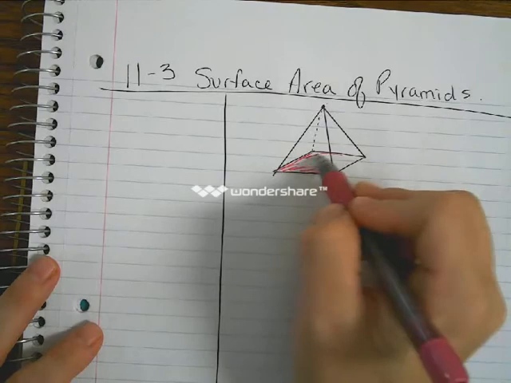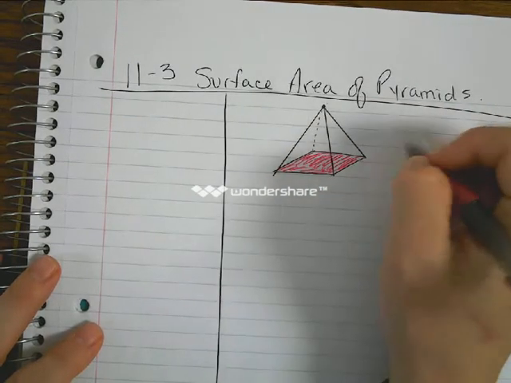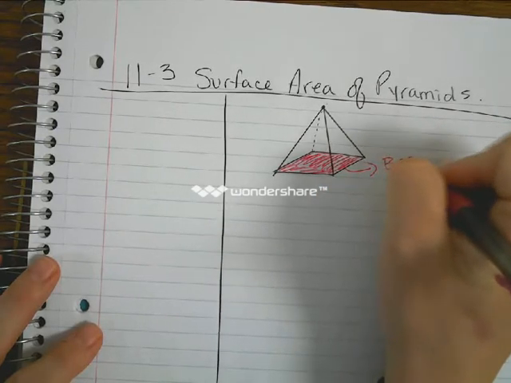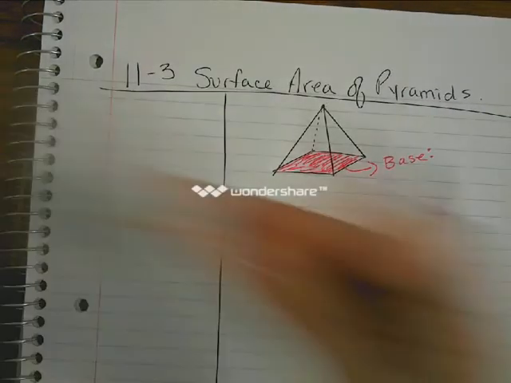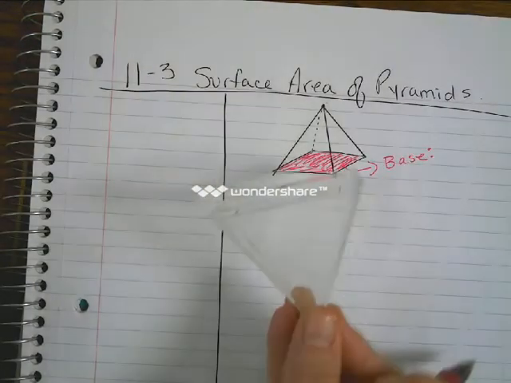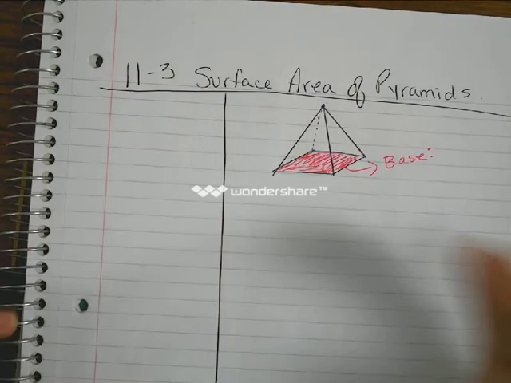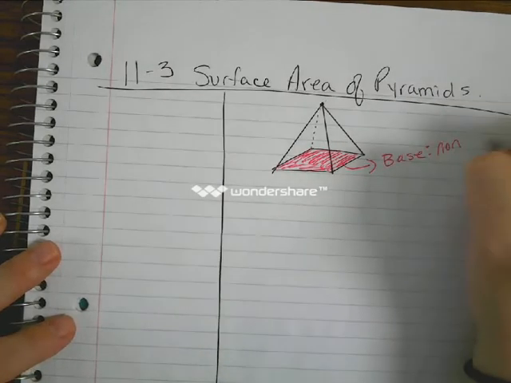We have the base, which again is not always on bottom. You might see a pyramid sideways, you can see a pyramid upside down. The base is not always going to be on bottom, so how do you identify the base? It's the non-triangle. And if it's a triangular pyramid, it depends.